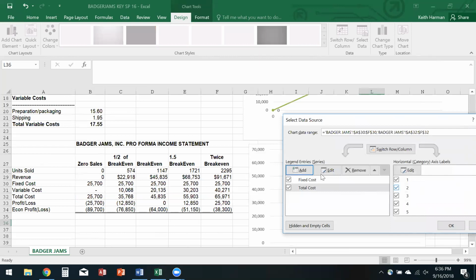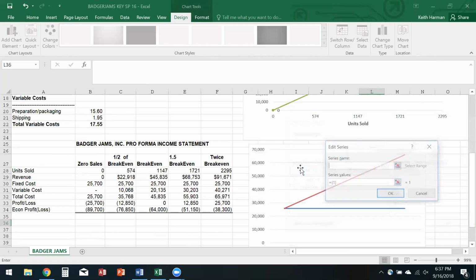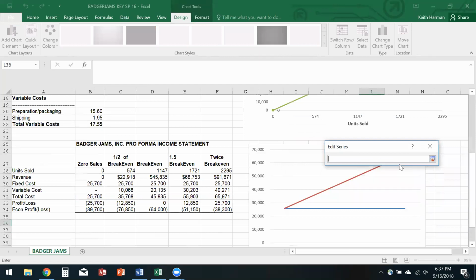And now we want to get revenue. So I'm going to click add here. Now I'll come over here and get in this little selector. I'll get the revenue, the name, and then the values. And I'll come right across here. Okay.